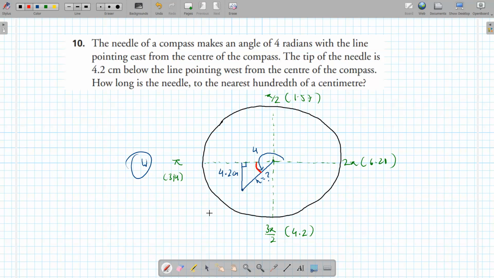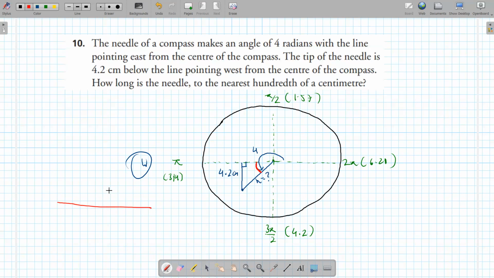In other words, how far is 4 from 3.14? Or what do we need to add to 3.14 to get 4? It's 0.86.